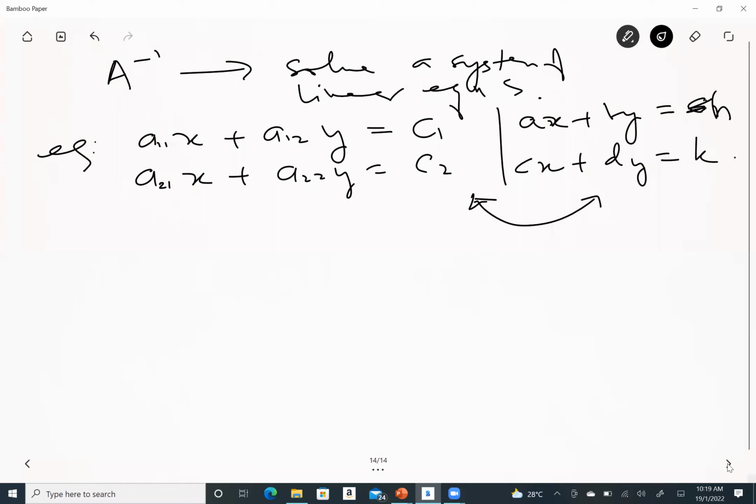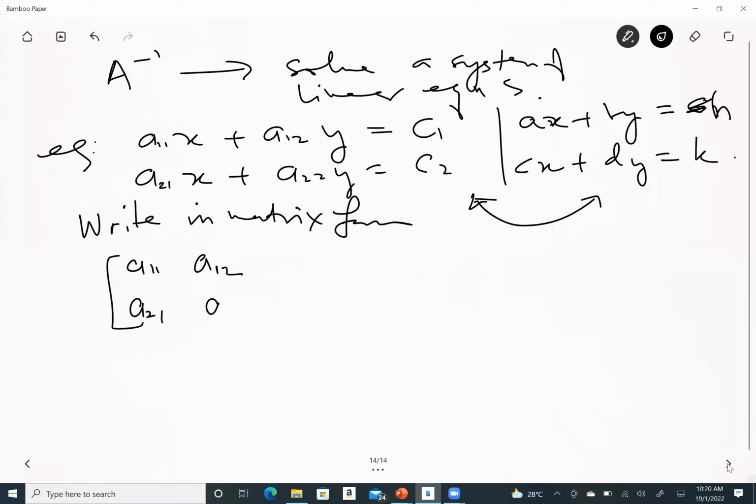Now, what we do here is write it in matrix form. You write the constants as one matrix and the variables as a matrix. So I put everything A11, A12, A21, A22, and then you have the matrix X, Y, the variables, equal to the constants on the right, C1, C2.